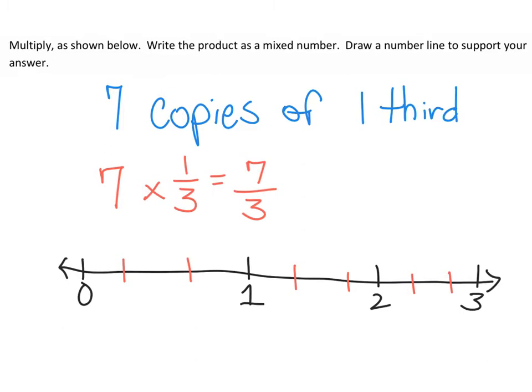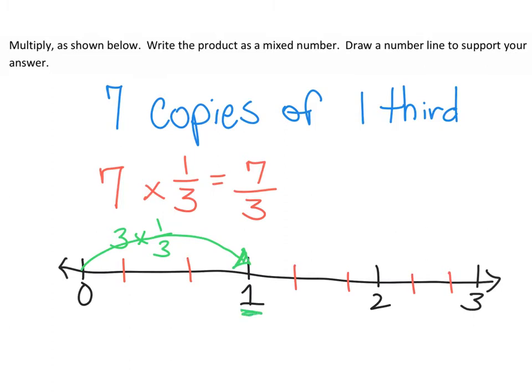So let's try to actually show this on the number line. We moved up from 0 all the way to that first whole. What we did is we did 3 times 1/3, because that would give us a whole, right? That gave us a whole, because 3 times 1/3 is 3/3, which would give us this whole right here.